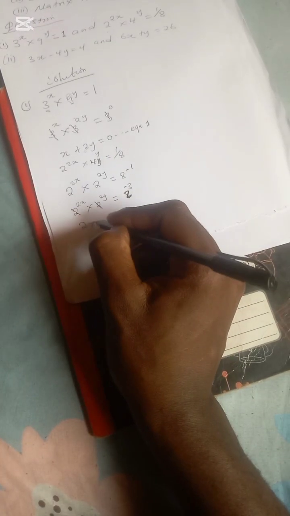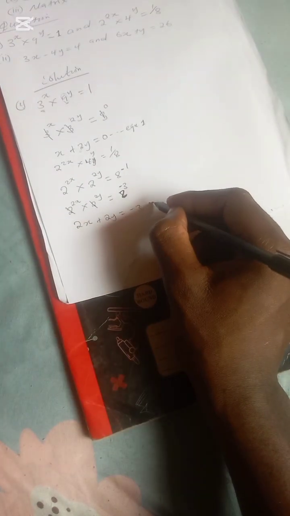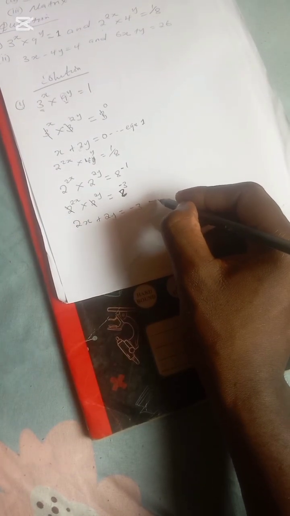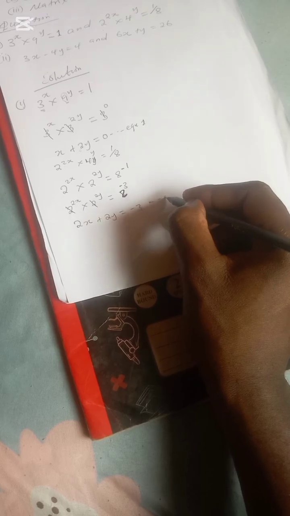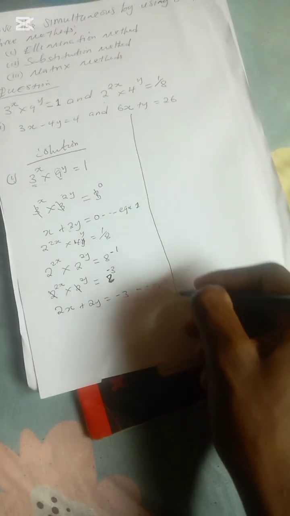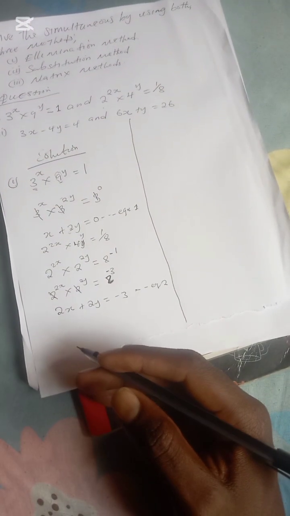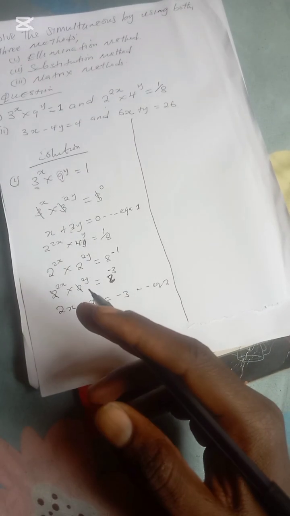So we'll have 2x plus 2y is equal to negative 3. I think this is equation 2.